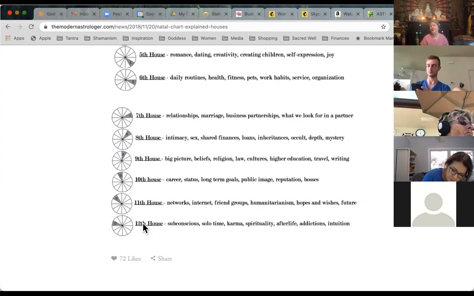In here, we can find people's unwitting compulsions like addiction or codependent behavior. But there's also that sense of knowing. And the 12th house contrasts really well with the 8th house. Somebody might have in their 12th house something that bespeaks a certain level of intuitive capability, but maybe they don't have any planets in their 8th house.